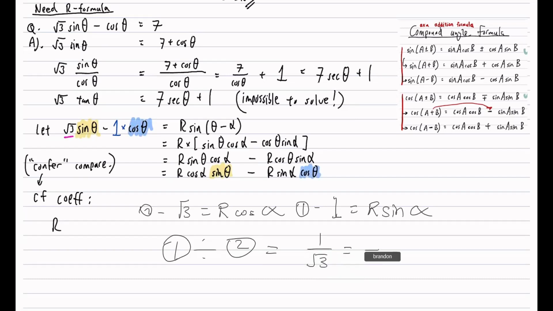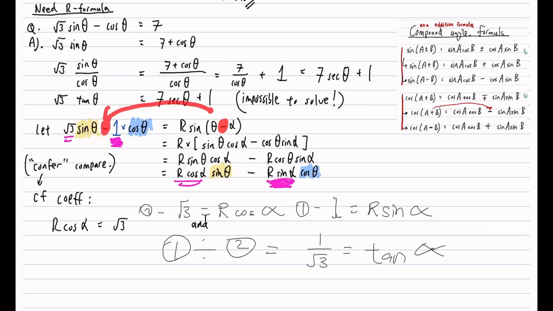So the expression in front of it, the pink one, is r cos alpha equals square root of 3. We also got this 1 here and this r sine alpha here. Notice that my choice of sine(theta minus alpha) gives me a minus sign over here, so it becomes positive. r sine alpha is just the positive one; I don't need to include negative if I use a good choice of the r formula.